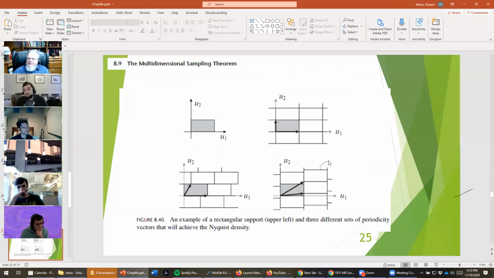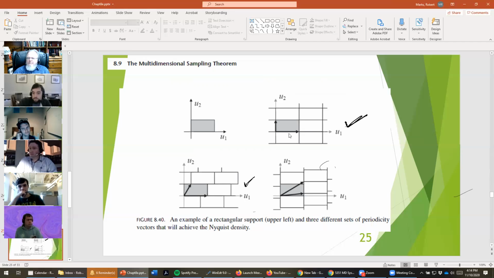We could replicate this tile in this fashion, couldn't we? We could replicate the tile in this fashion. Now notice here what we do, we're kind of like laying bricks, right? Each different layer is a little bit out of phase with the one prior to it. Yet it does allow for a periodicity vector.